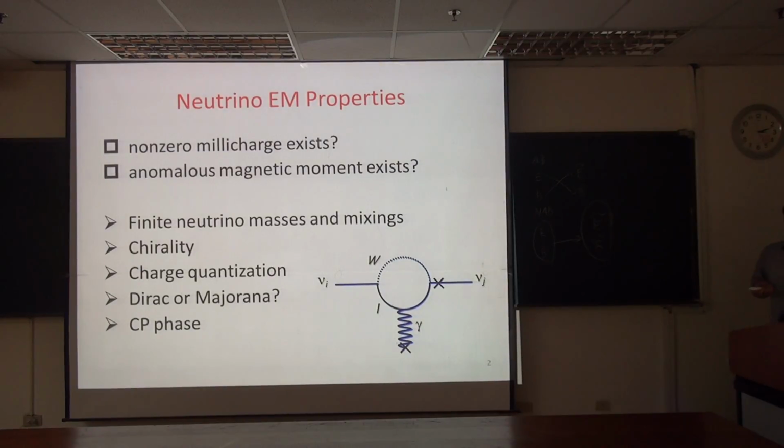But from the experimental results, the upper bound for this property is still several orders of magnitude larger than the model prediction. So this may be a probe of new physics. So we are also interested in this.